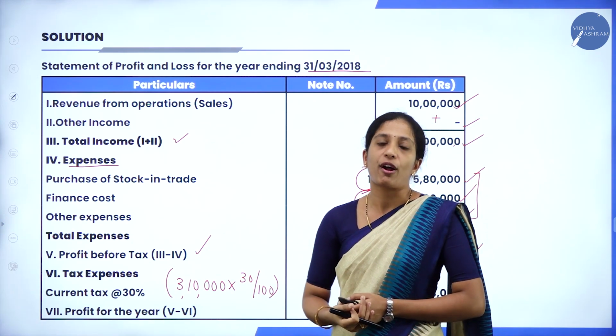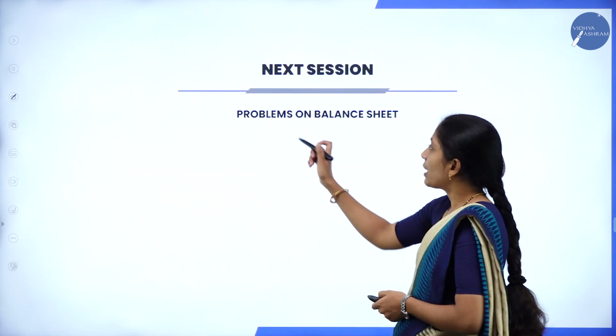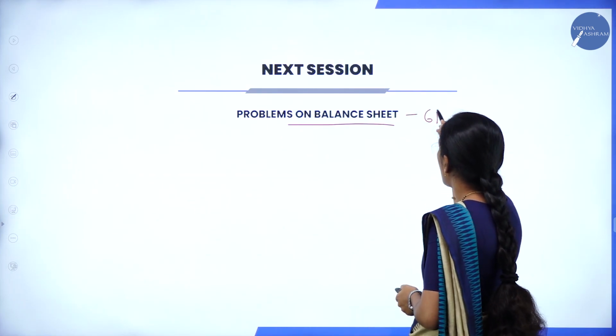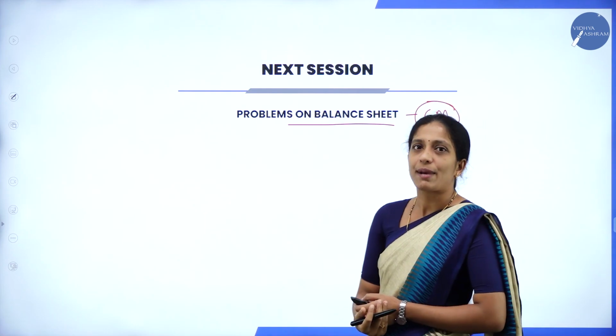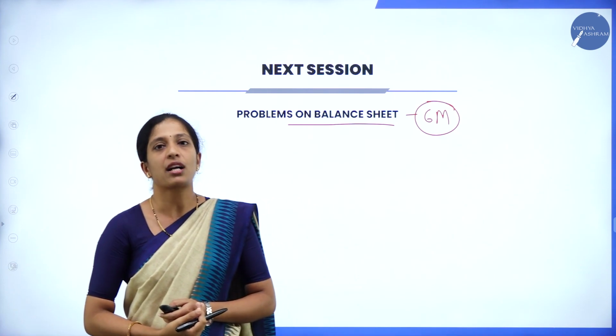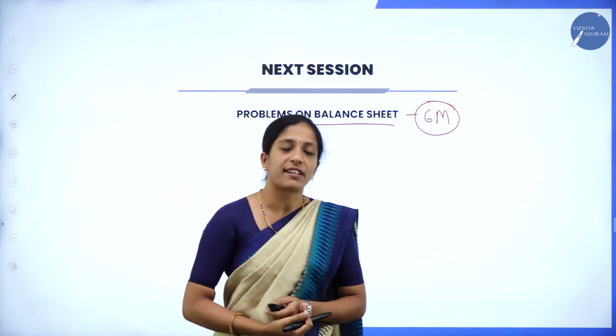We have solved 4 problems on statement of profit and loss. In my next session, we are going to discuss problems on balance sheet. It is also a 6 marks problem. I have told you this chapter only has 1 mark, 2 mark as well as 6 marks questions. Normally your 1 mark and 2 mark questions will be easy.